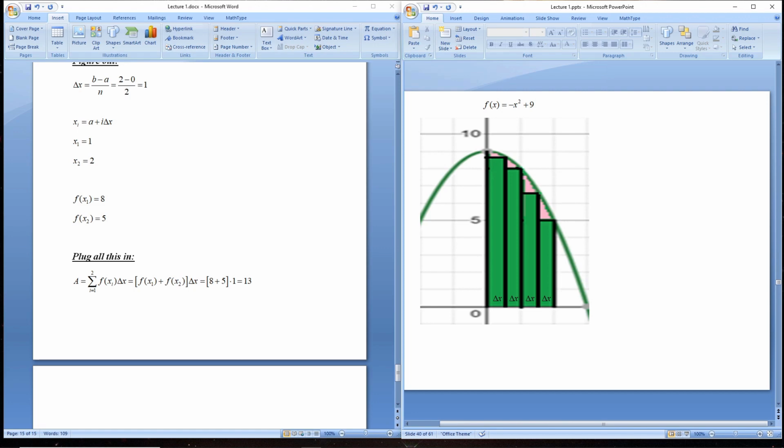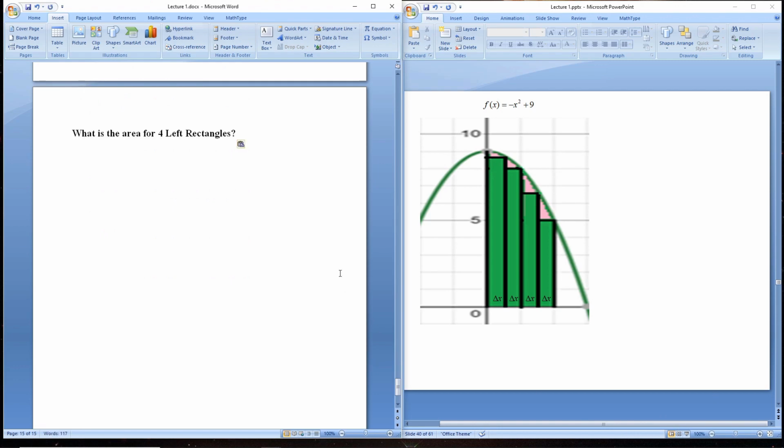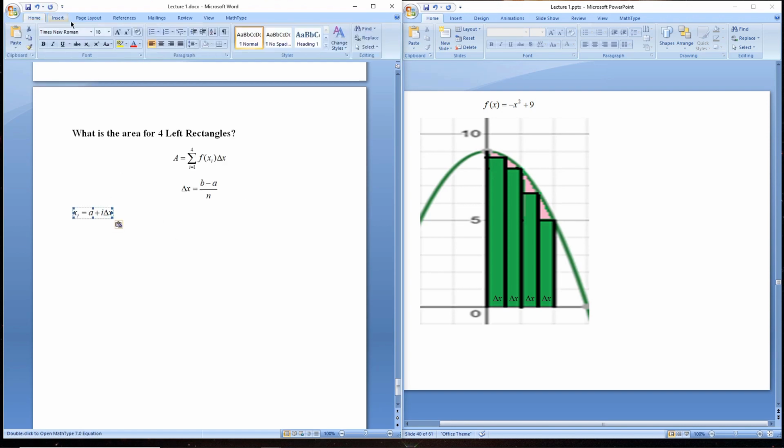So let's figure out what this is. Our next question is, what is the area for 4 left rectangles? So let's look at our equations. What are the equations that you're going to be dealing with? And here they are.